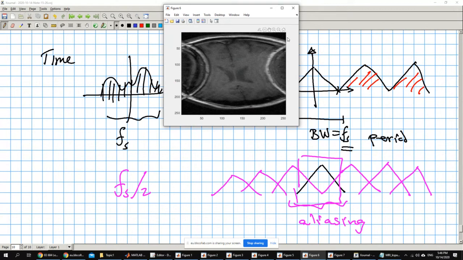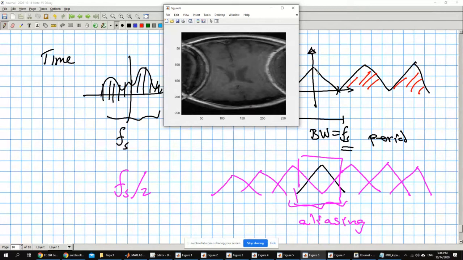Aliasing means that, imagine this image here had another one here, another one here. Due to the undersampling, it came and overlapped the original one. And whenever you have aliasing, you cannot recover. Aliasing is not an artifact that you can remove. It's a destructive artifact.